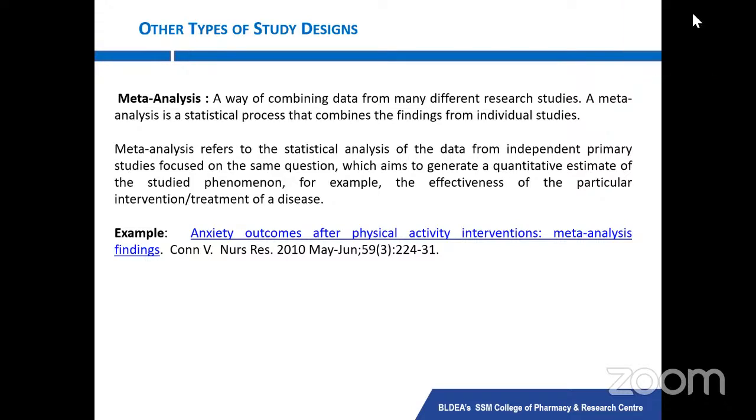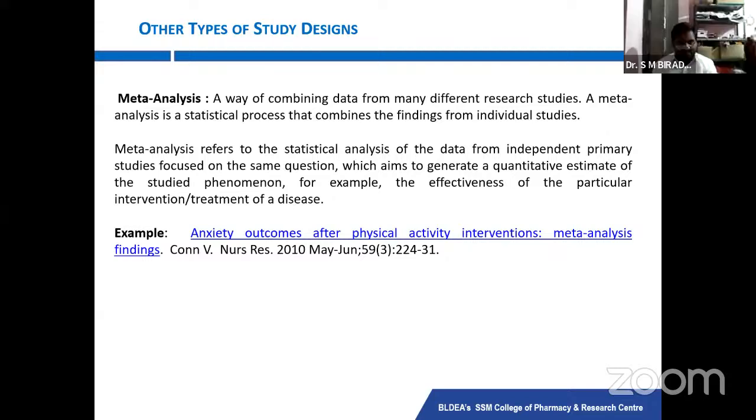In this meta-analysis study, data from many different research studies are combined. A meta-analysis is a statistical process that combines the findings from individual studies. It is nothing but a multi-center study. Suppose Covishield and Covaxin are vaccinated all over India, isn't it?